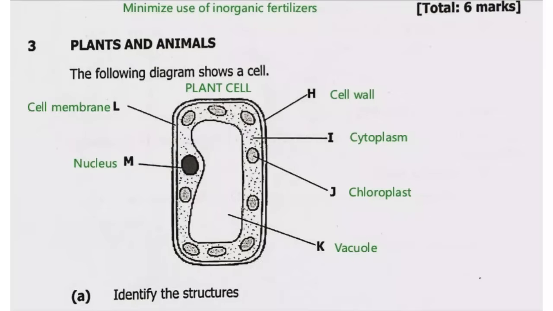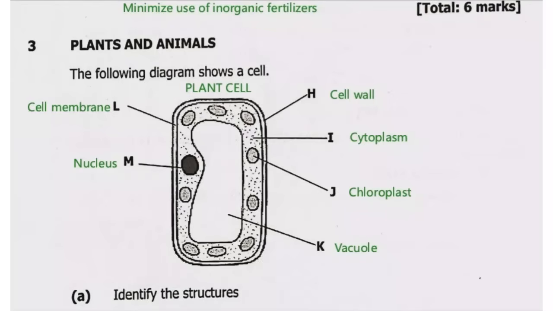So a plant cell has got 6 parts, and those are the parts. Okay, so let's go to the actual questions. However, before we go to the actual questions, we can still talk about something that I feel is also important. Which parts are found in an animal cell?